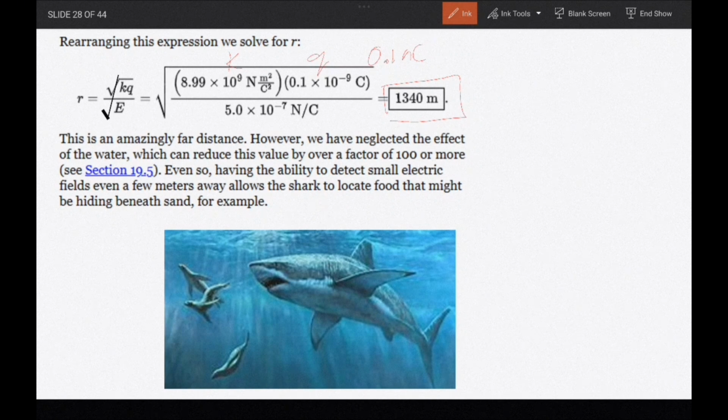So, having the ability to detect small electric fields even a few meters away allows the shark to locate food that might be hiding beneath sand, for example. So that's how strong the radar is, so that the shark can determine right away the fishes that are hiding or along the way as sharks swim in our sea.